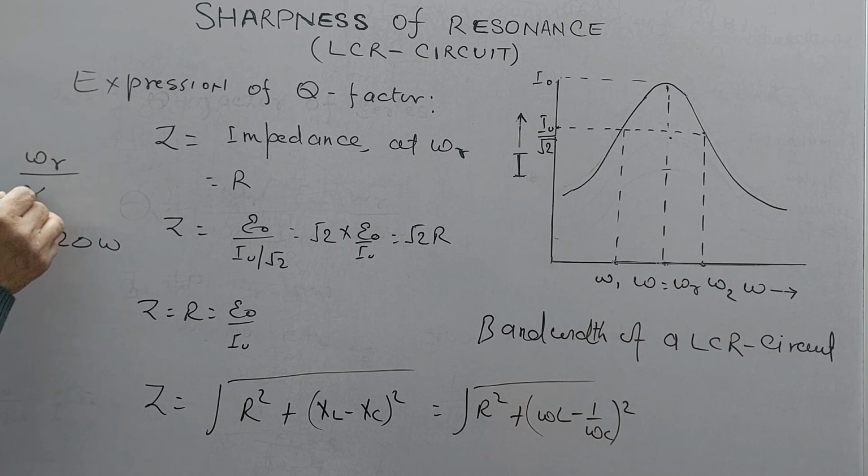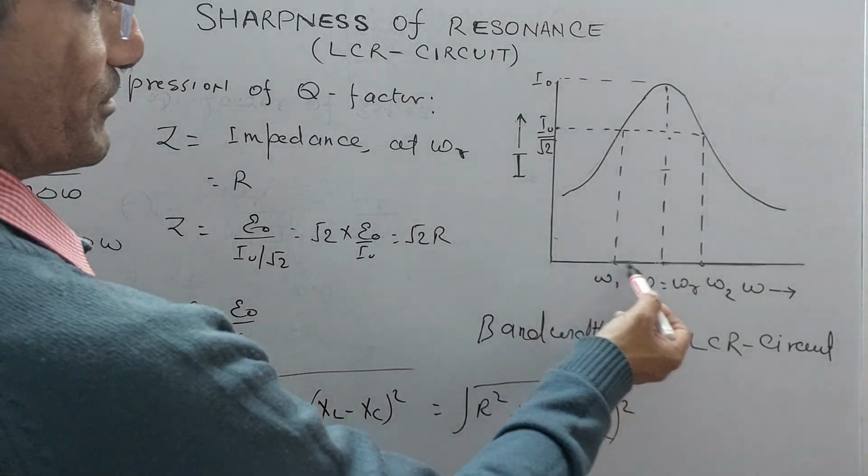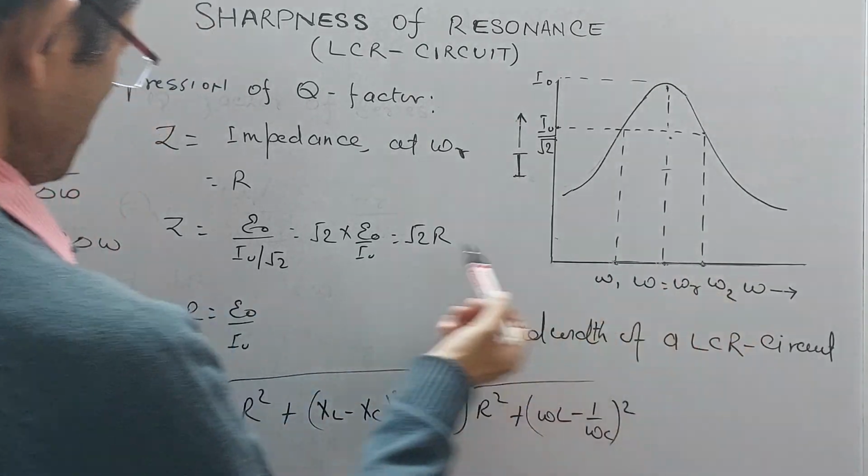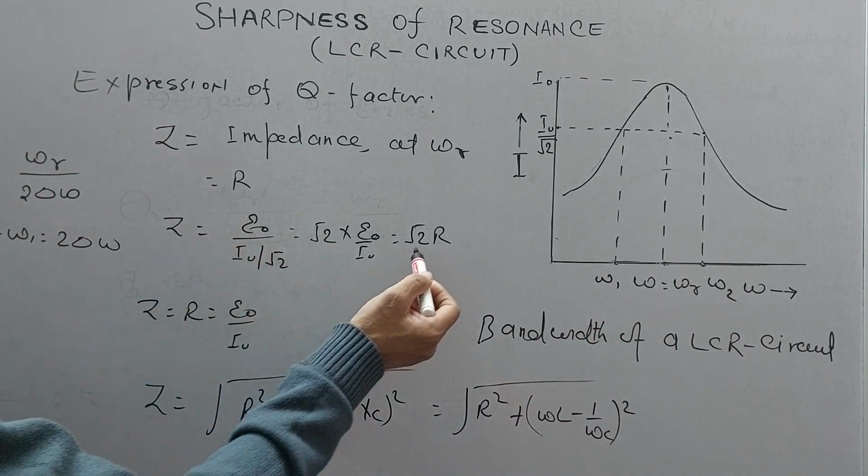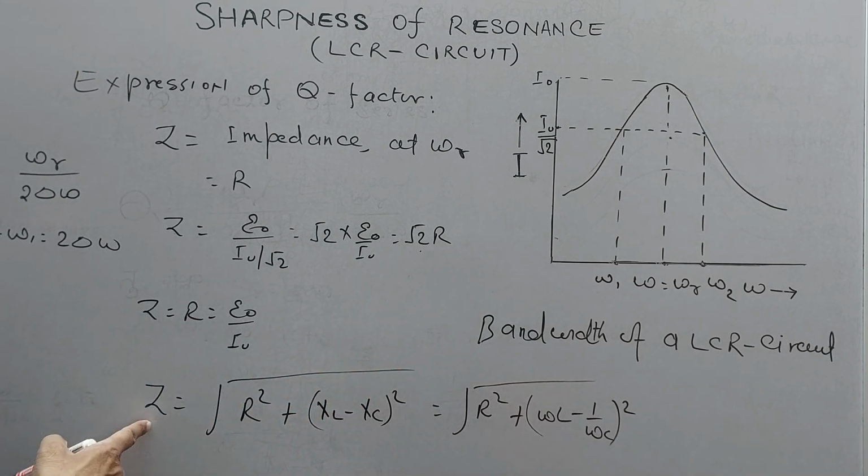It means twice delta omega. So from here we will get the value of 2 times del omega. So at the frequencies omega 1 and omega 2, our impedance is Z equal to root 2 R. Now the formula of the impedance is this one.